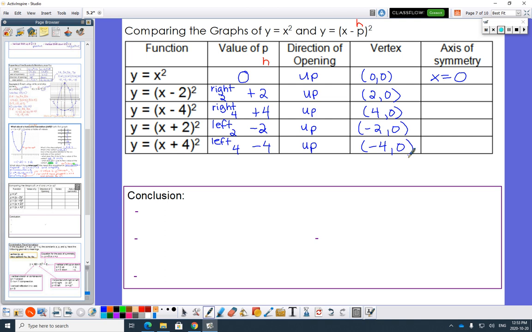So then whatever you change your x value to, that changes the axis of symmetry.